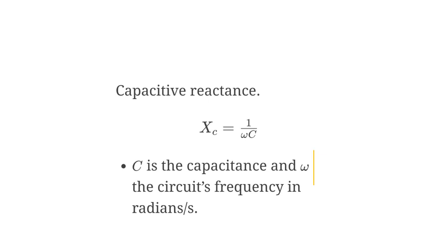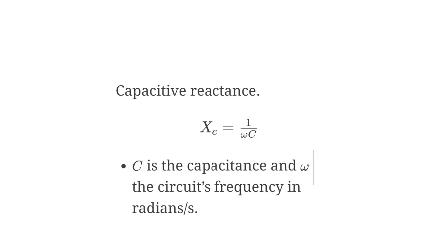So Xc is equal to 1 upon omega C. Omega is the frequency. For AC current, we have some frequency. Since you have some frequency, you will have some reactance.